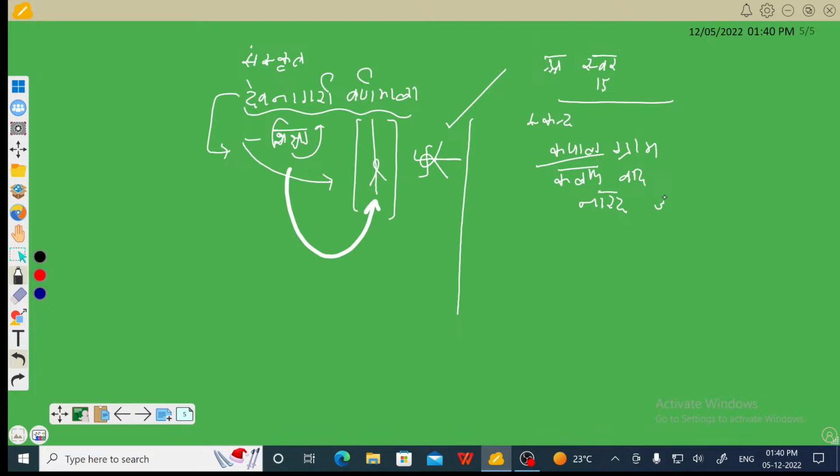So Matrika is the feature which is to be appreciated.